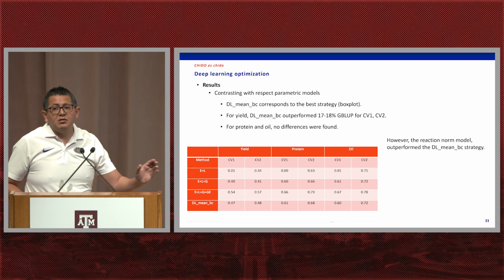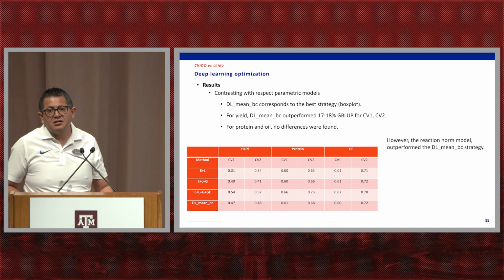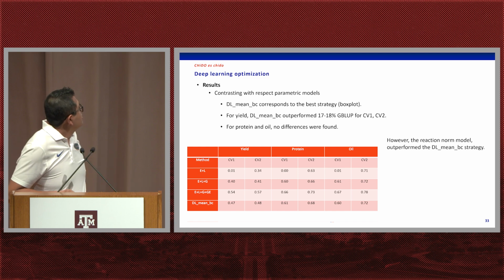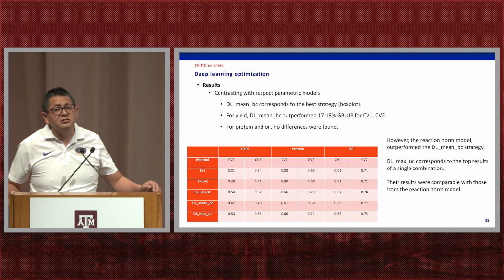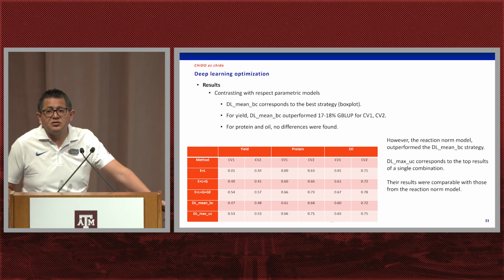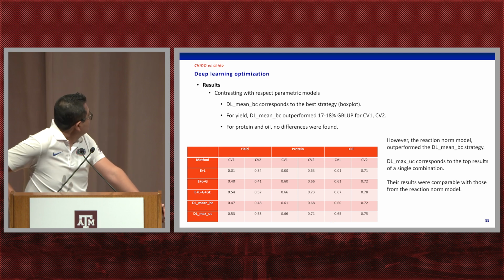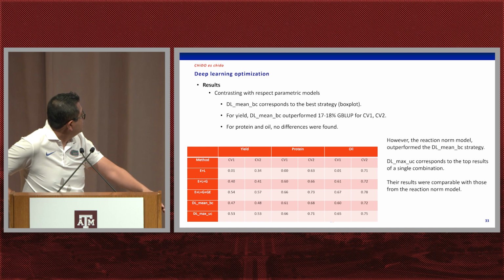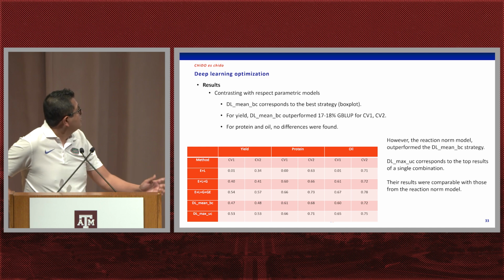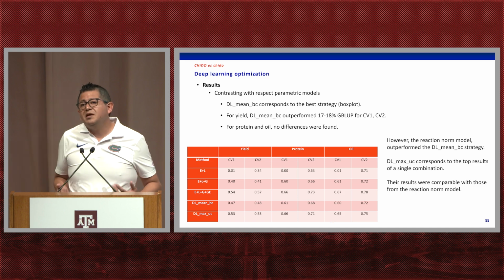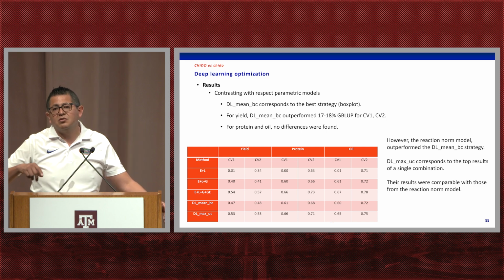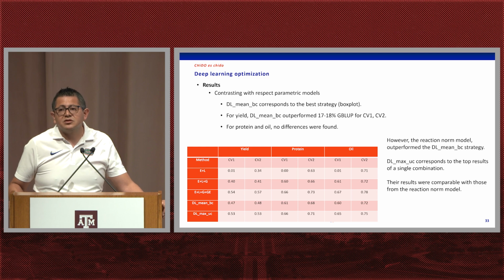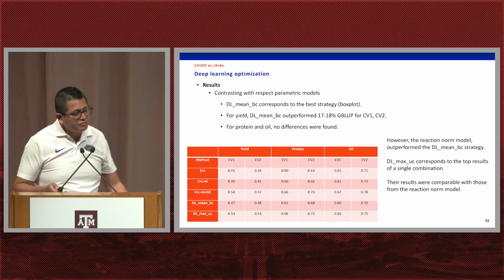In any case, we looked for the highest correlation for any of the combinations using deep learning, and we found that the results were close to the reaction norm model, right? We have 53 versus 54, 53 versus 57 for yield. So probably if we keep increasing the number of neurons in the second hidden layer, we can reach or surpass the results from the GY model.